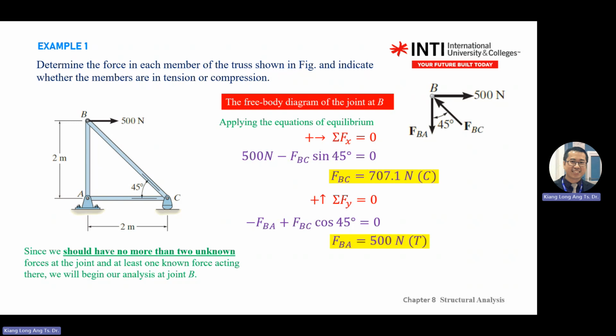Don't confuse. The question asks you whether it is tension or compression. We are now looking at pin B.